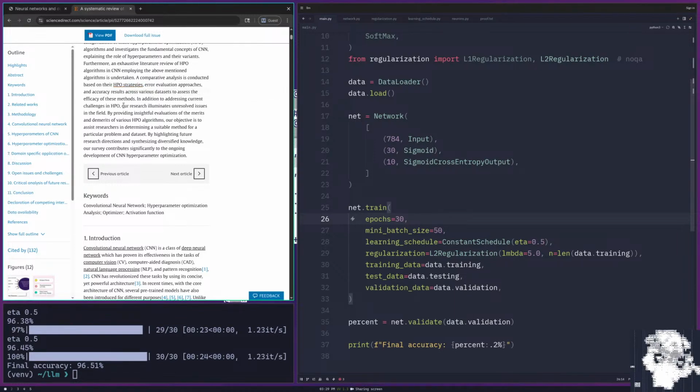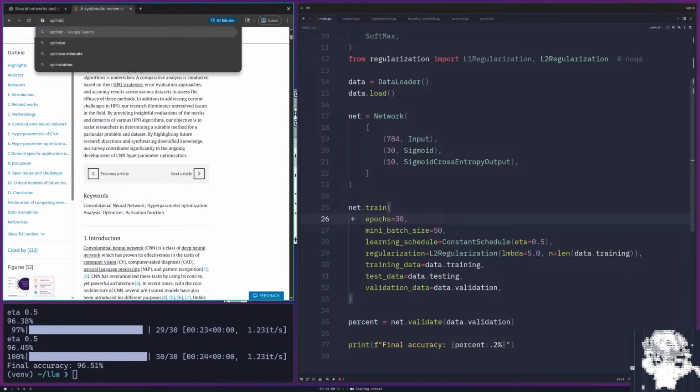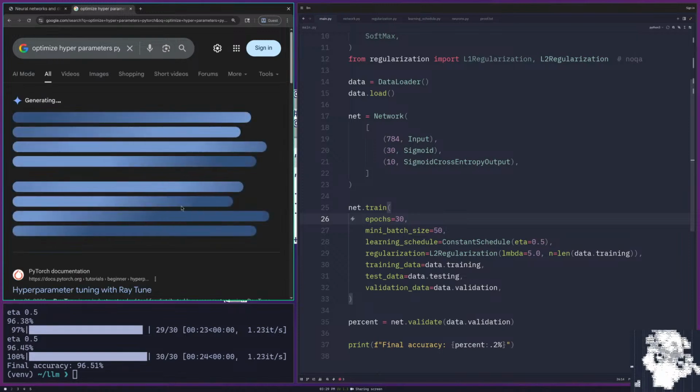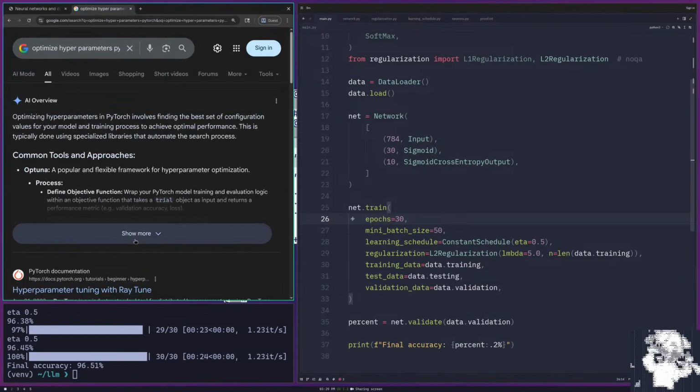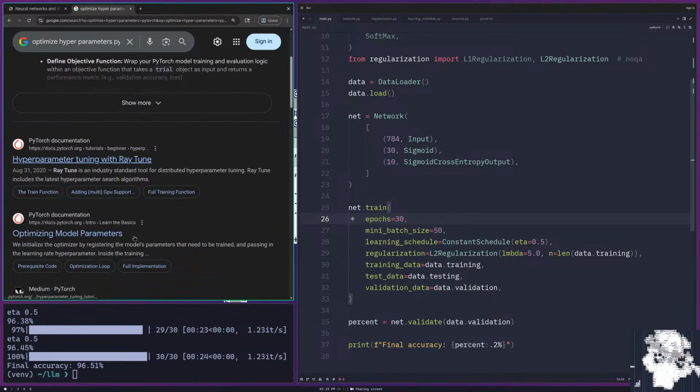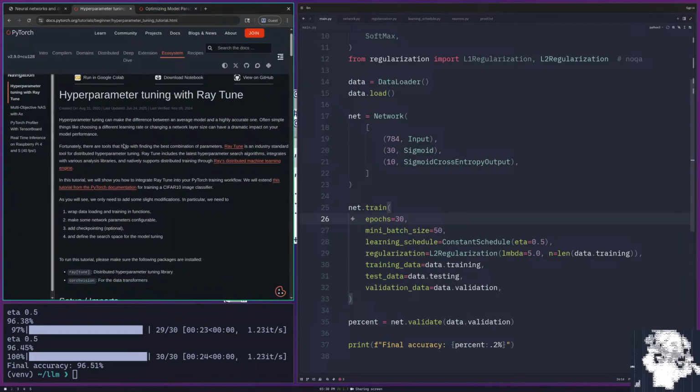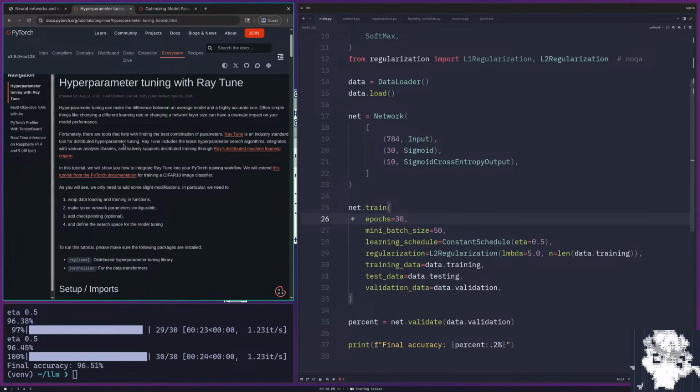HPO strategies. What if I just look up optimize hyperparameters PyTorch? Is there just a thing that does it? RayTune? RayTune is an industry standard tool.